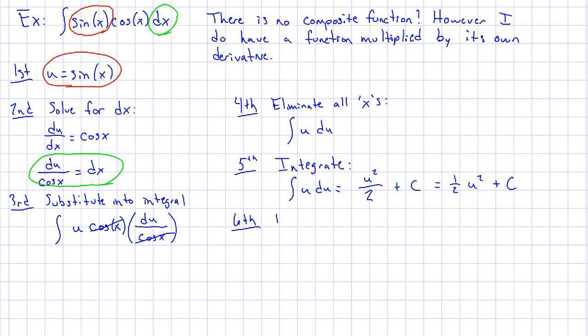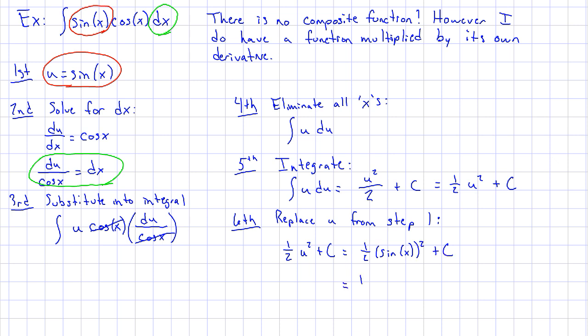And then the last step is to replace u from step 1. So this 1/2 u squared plus c becomes 1/2 sine of x squared plus c.